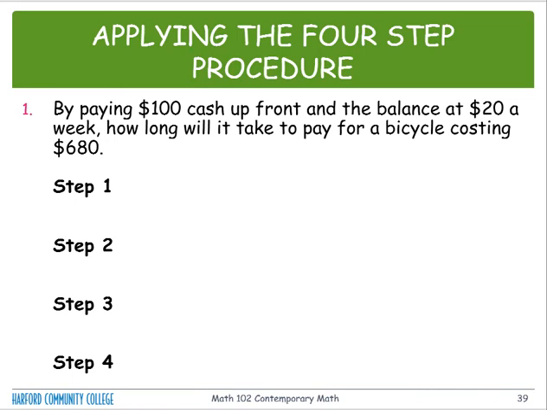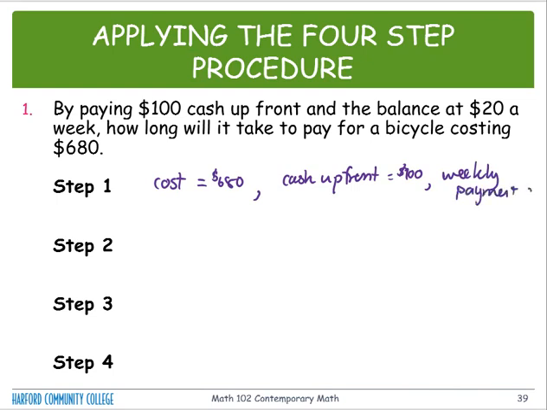After we read the problem, the given information would be the cost of the bicycle, $680, the amount paid in cash upfront, $100, and the weekly payment, $20 per week.